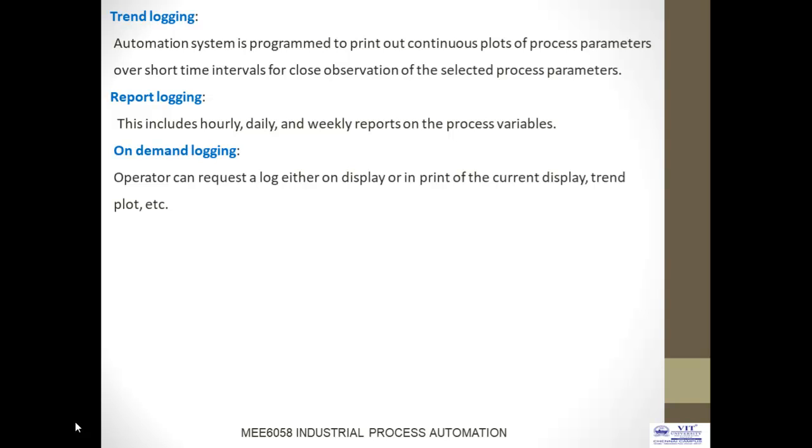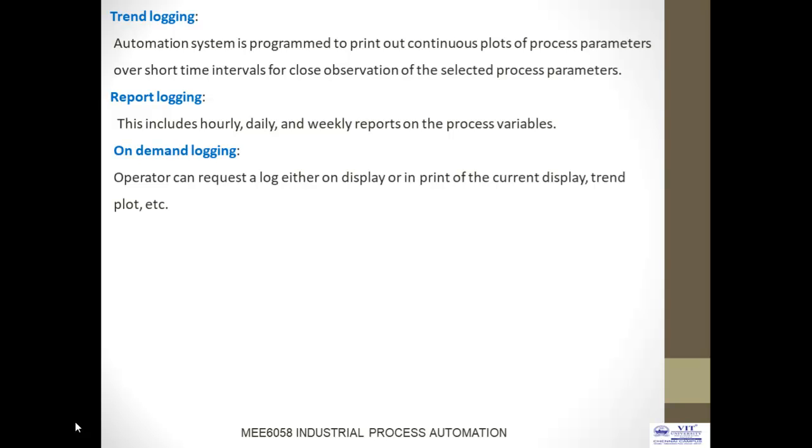Okay, and respective to times, what's happening daily, what's happening weekly, what's happening monthly, like that. Last one is on-demand logging. Here, the operator can request the system to show the display of what's happening there, to show the parameters in the display. If not, he has the right to take the printout in different modes. In whatsoever mode he requested, he can take the printout.